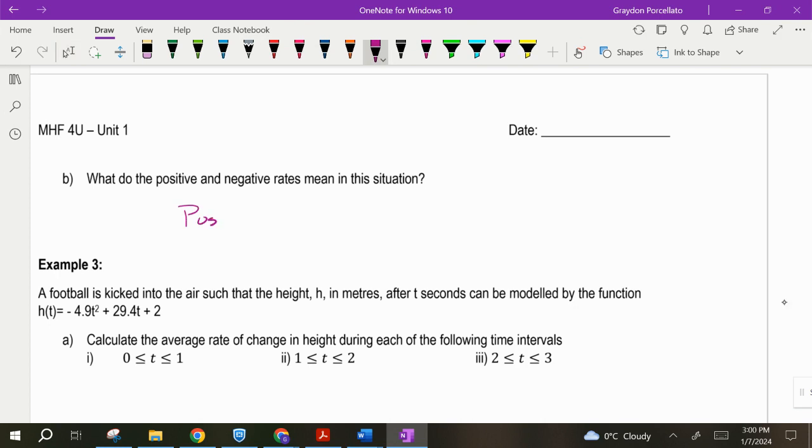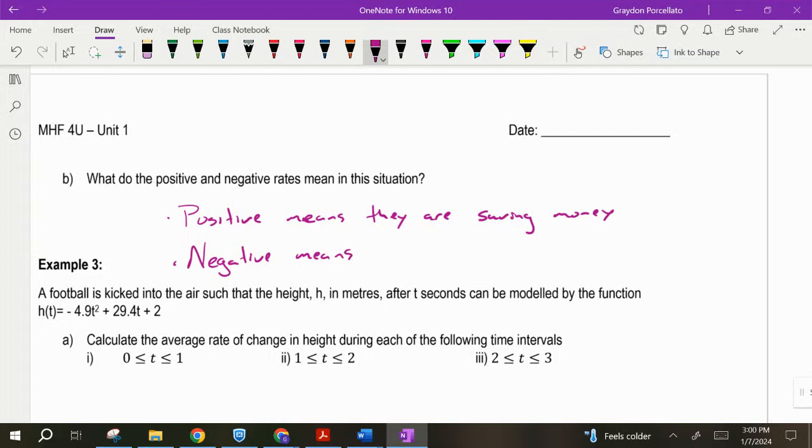Well, positive means they are saving money, and negative means they are spending or losing money. Okay, beautiful.